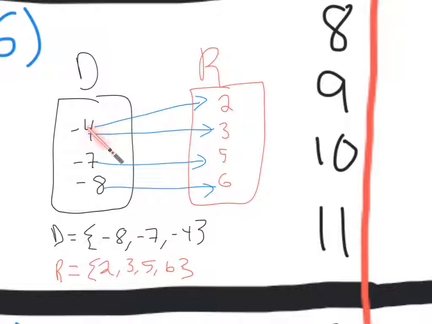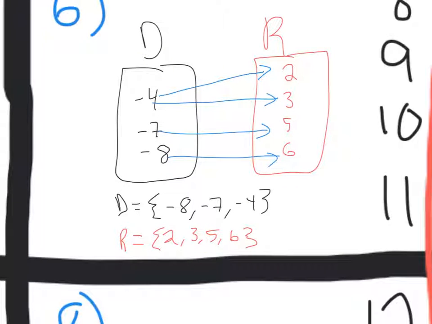This input maps onto two different outputs. -4 goes to 2 and -4 goes to 3. And by definition, we cannot have that in a function. So we would say that this example is not a function.